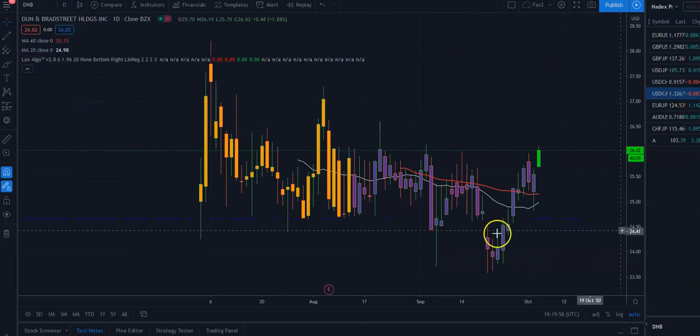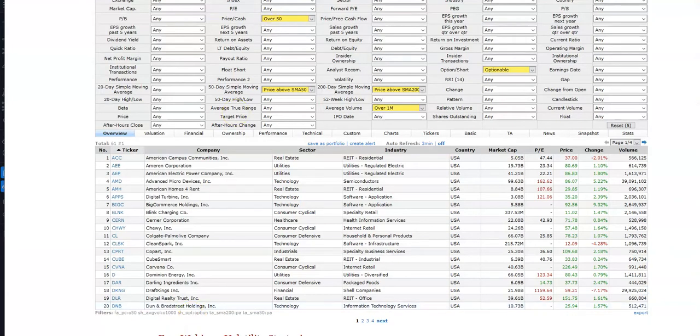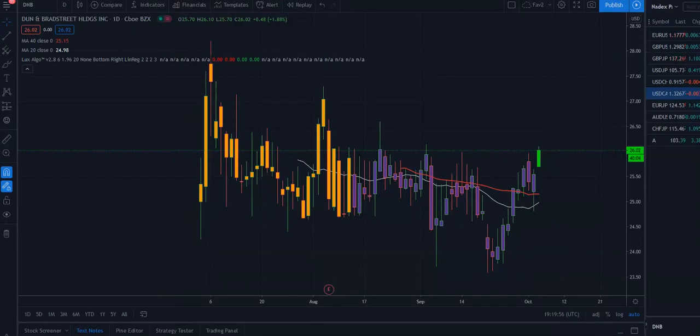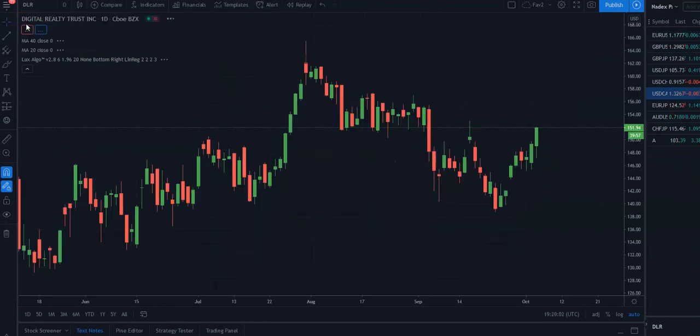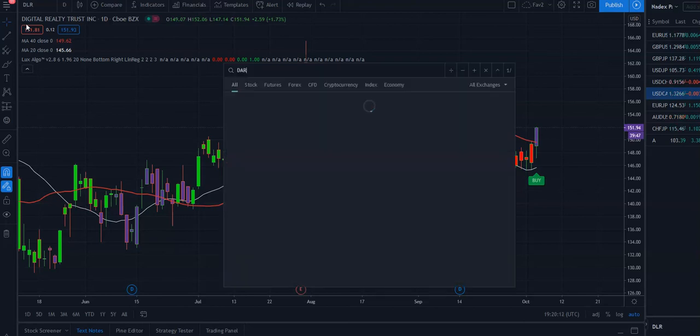Let me show you how I analyze this real quick. This hasn't been long enough for me to properly make a decision on. So that's another one. This one, Algo is saying buy, but the 20 is below the 40, so I'm not going to touch that one. Here we are.